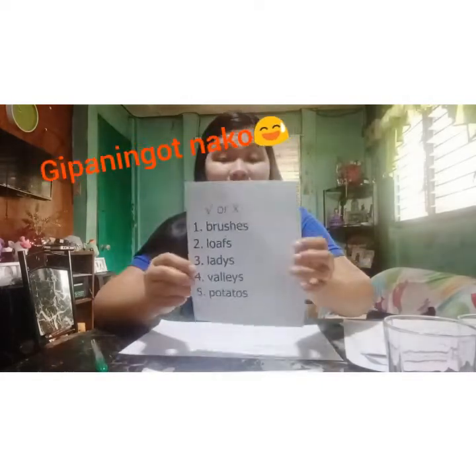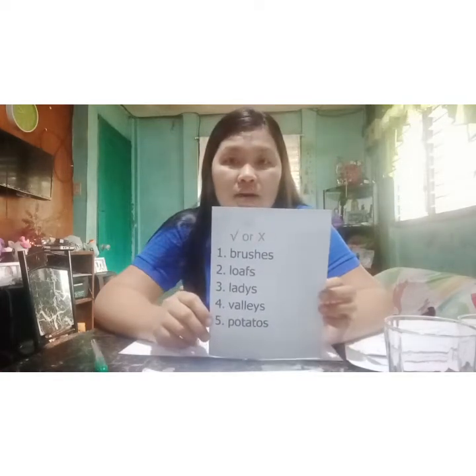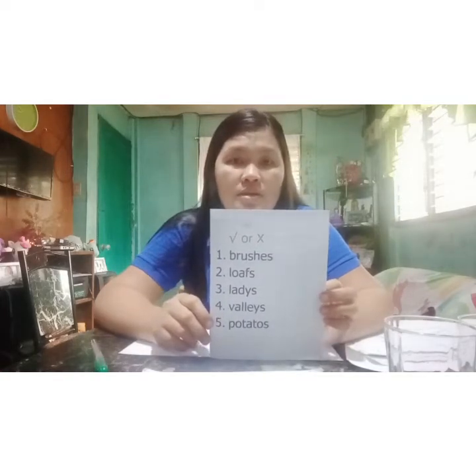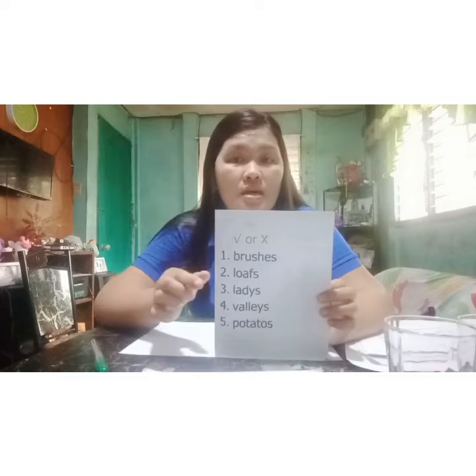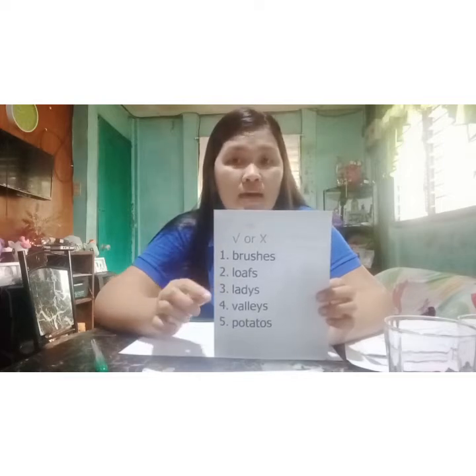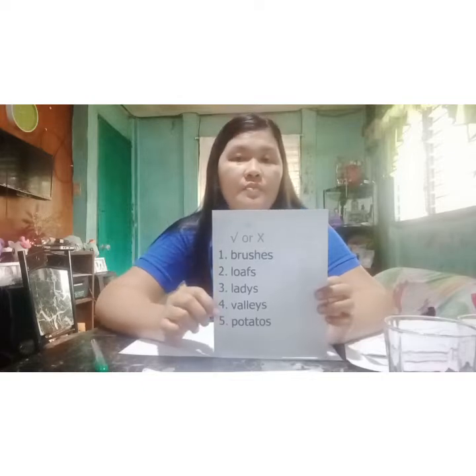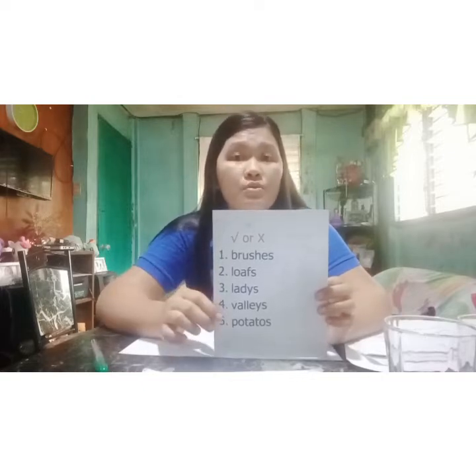Next. This time you are going to identify whether the given plural form is correct. If you think the plural form is correct, you put a check on your paper. You don't have to copy the words.